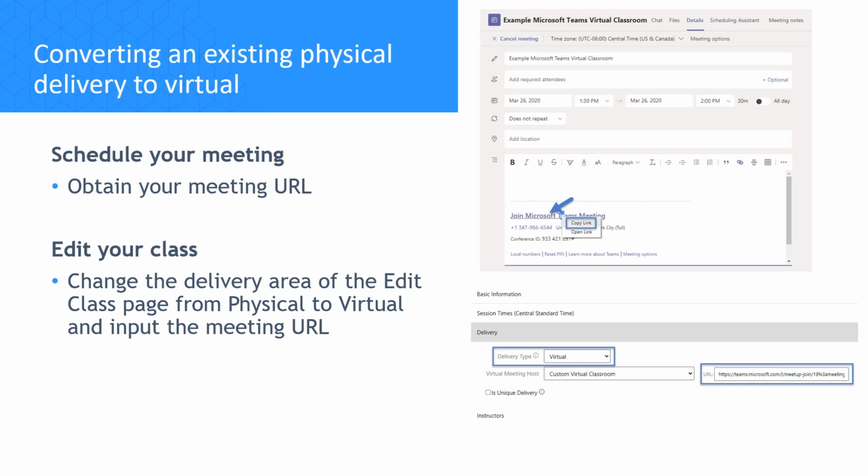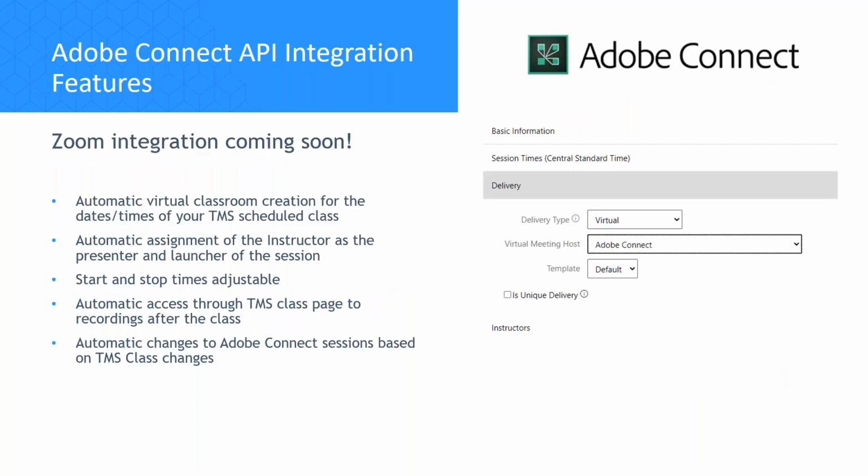Now, these are linking the meeting that you're creating to your class, but we've got one even more integrated step, and that is what we call the Adobe Connect API integration features. We can't call it Adobe Connect for much longer because very soon we are going to have Zoom integration.